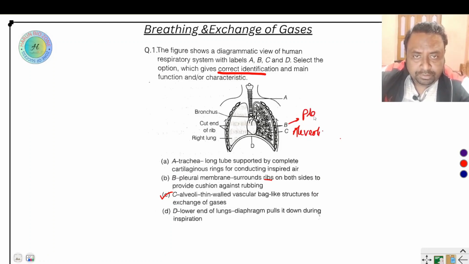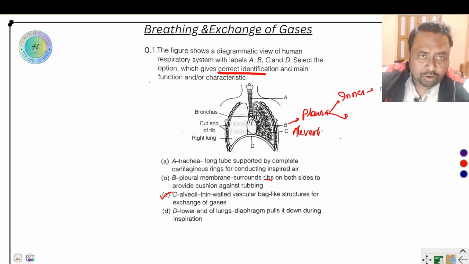Pleura is a membrane of the lungs. It has two layers: the inner layer called the visceral pleura, and the outer layer called the parietal pleura, and the middle one contains the pleural cavity.